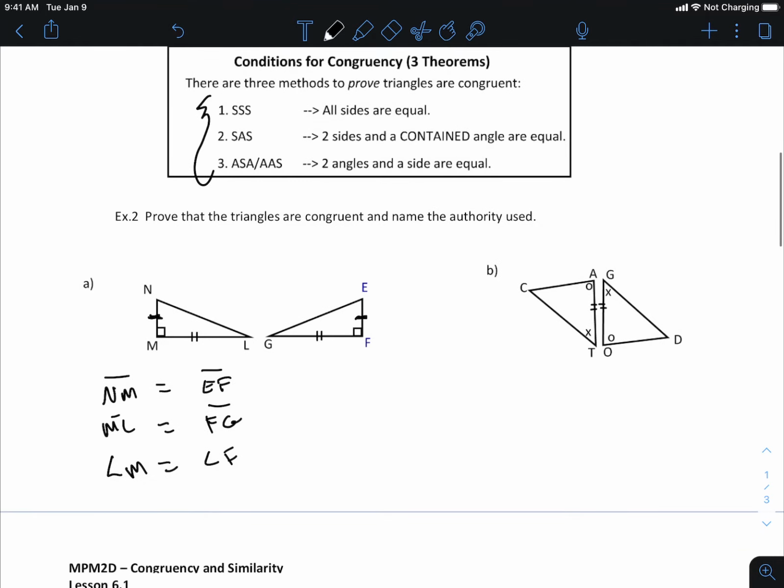They are, aren't they? Right above. What do you see here? I see a side, an angle, and a side. So that's one of your conditions. So then these are congruent triangles. Okay? What's the next one?